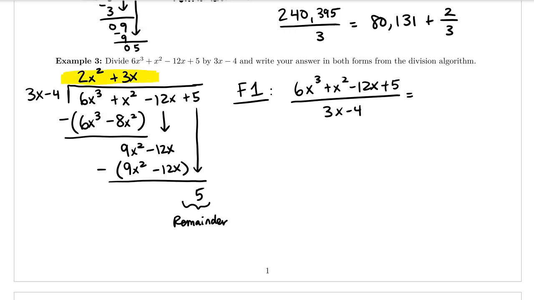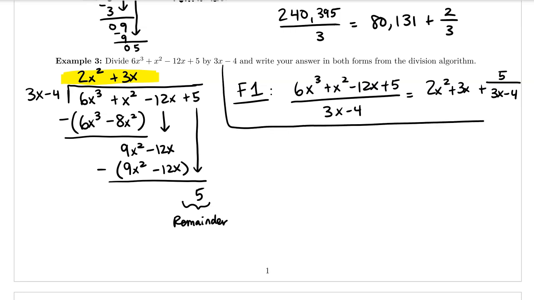So that's going to be 2x squared plus 3x, and then plus our remainder, which is 5, over our original divisor, which is 3x minus 4. So here is our form 1 final answer from the division algorithm.